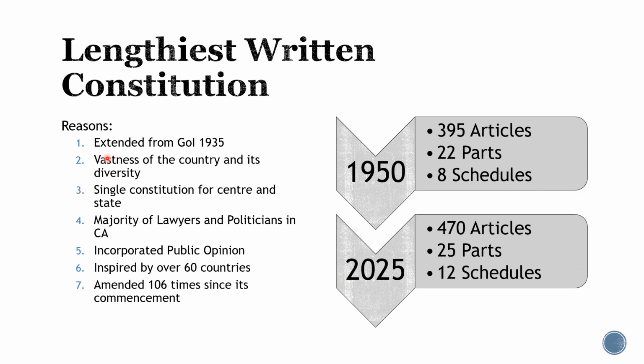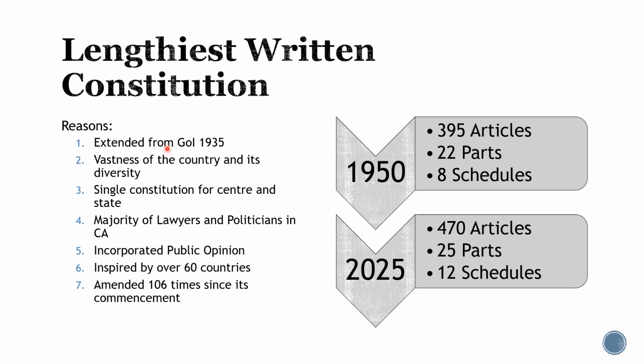Those are basically because it was extended from the Government of India Act 1935, which in itself was a bulky written document. It had a lot of provisions, and a lot of the provisions in the constitution are adopted from it.